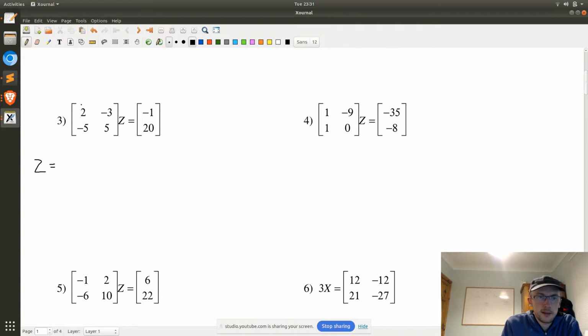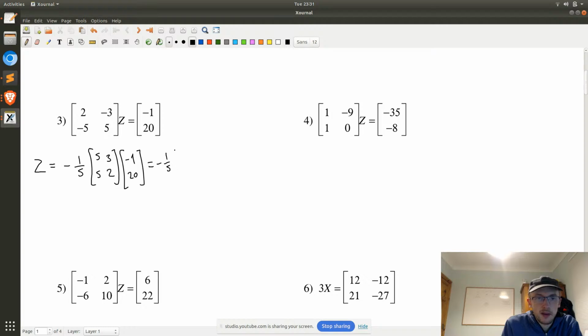Okay, Z is 1 over the determinant of this. So 10. Take 15, which is minus 5. So minus 1 over 5. Swap the main diagonal. Negate the off diagonal. Stick that matrix there.